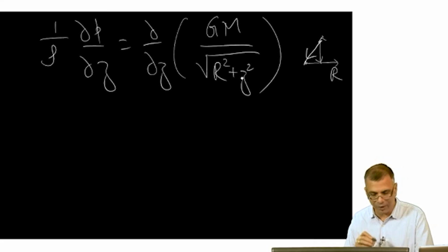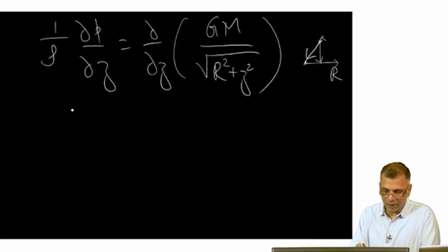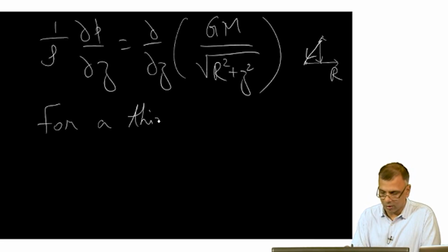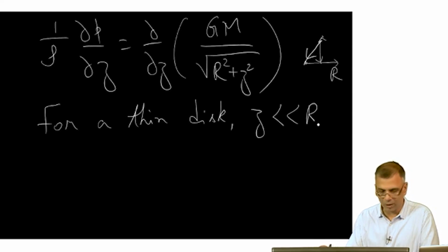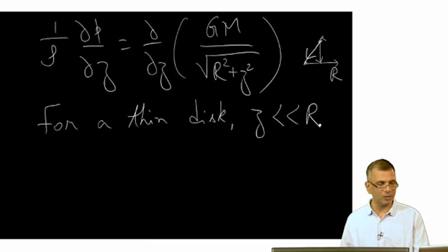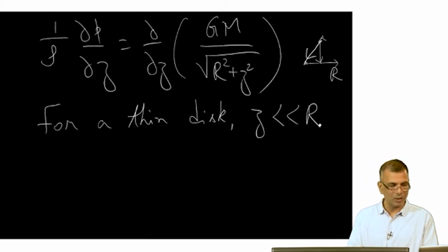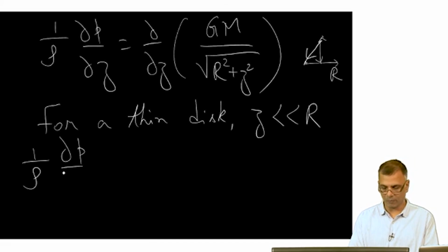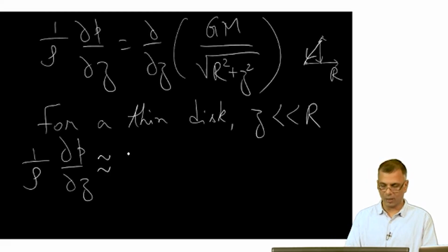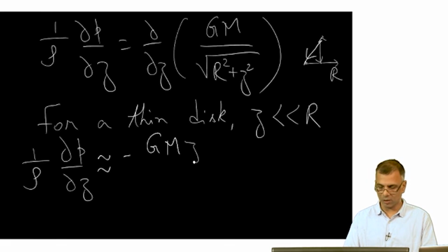But at the same time, having done that, we then recognize that for a thin disk, z is much smaller than r. So, this essentially becomes 1 over rho dp dz approximately equal to minus GM z over r cubed.